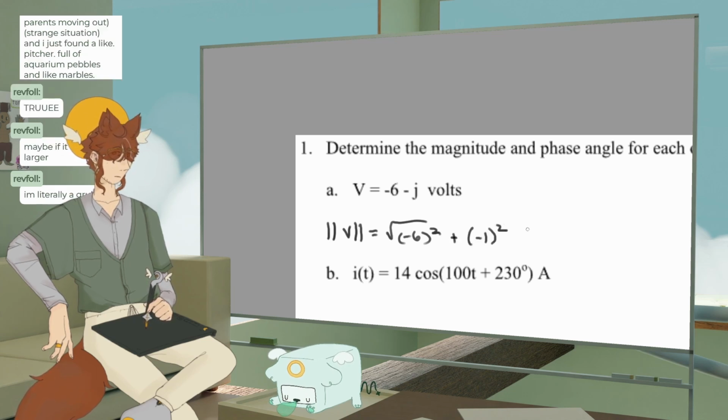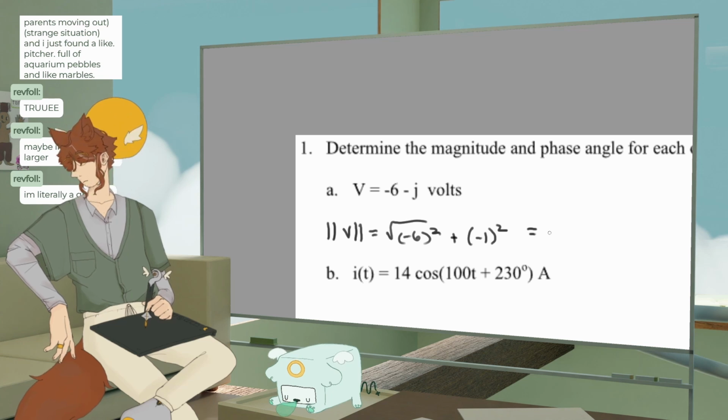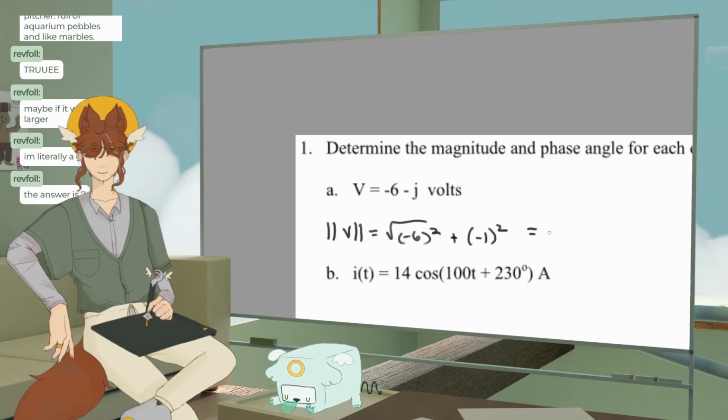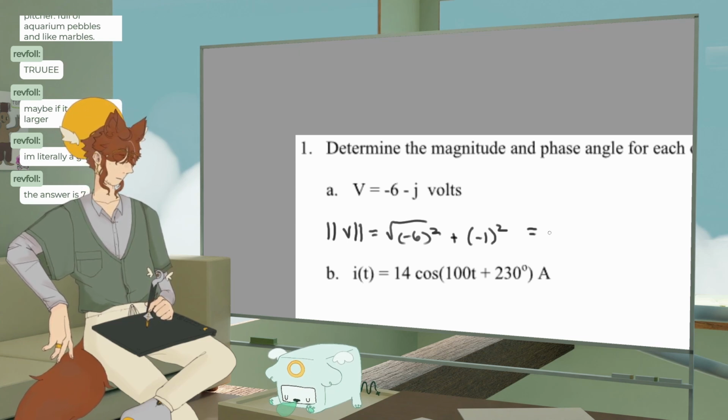I'm literally a grub, bro. That's so true. I got really excited because the answer is 7, because you added 6 and 1. Yeah, it's 7. Don't worry about it. It's not gonna be exactly 7. I think it might be a little close to 7. It's probably gonna be in between 6 and 7.